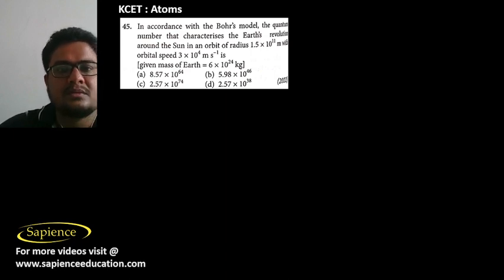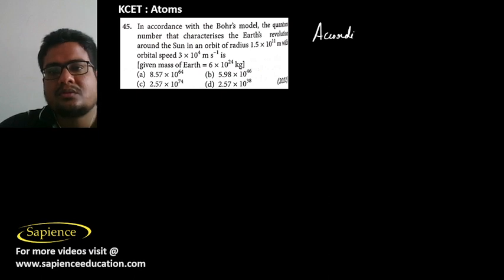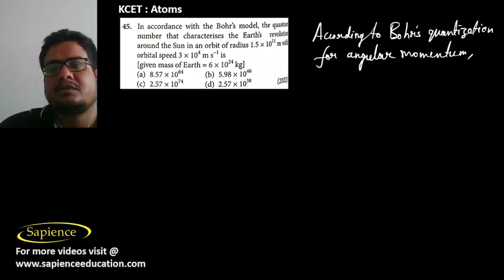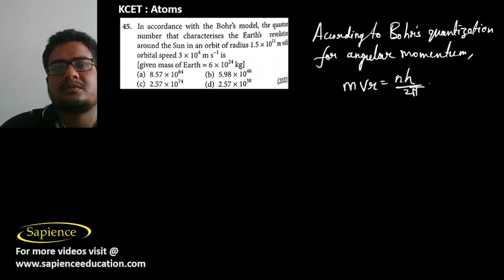So here we have to apply the Bohr's quantization condition. According to the Bohr's quantization condition, for angular momentum, mvr, m into v into r, is equal to nh by 2 pi.